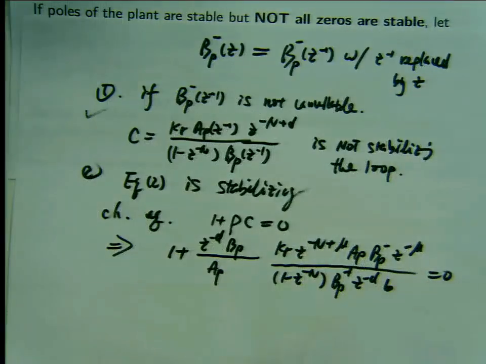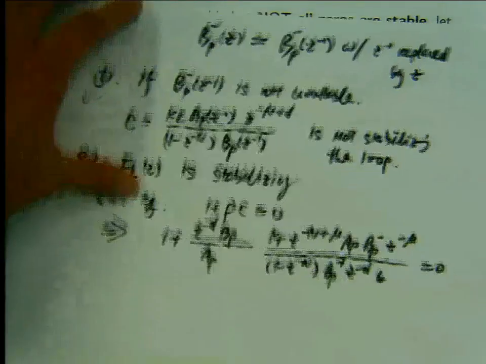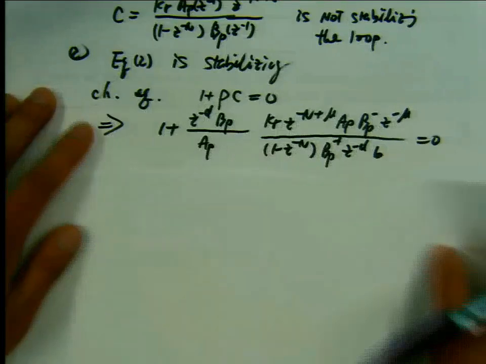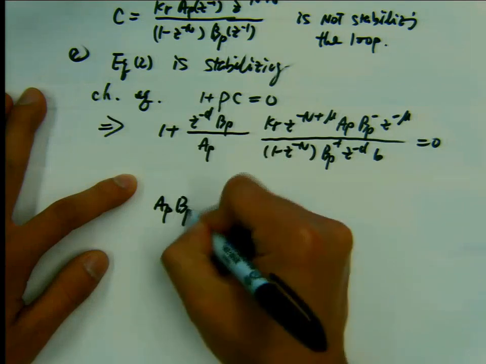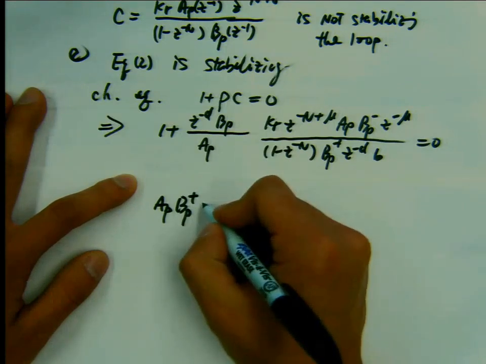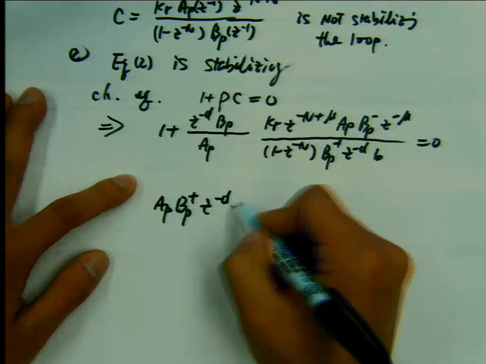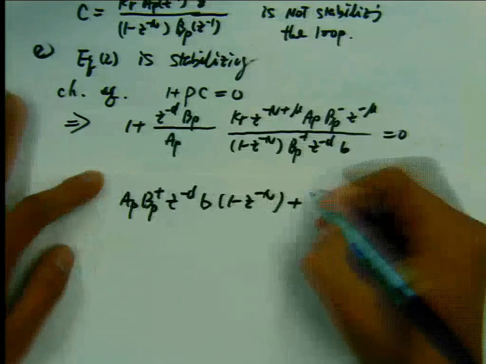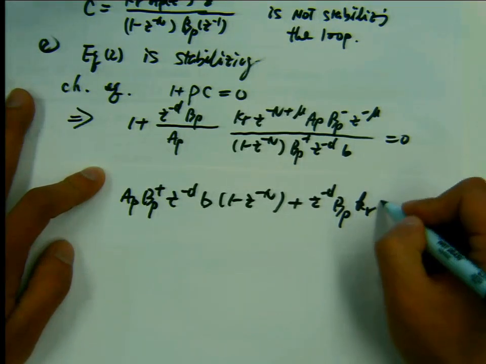So multiply AP and this term on both sides. We are going to get, let me write a new page, AP BP plus z negative d B, 1 minus z negative n, plus z negative d BP KR z.